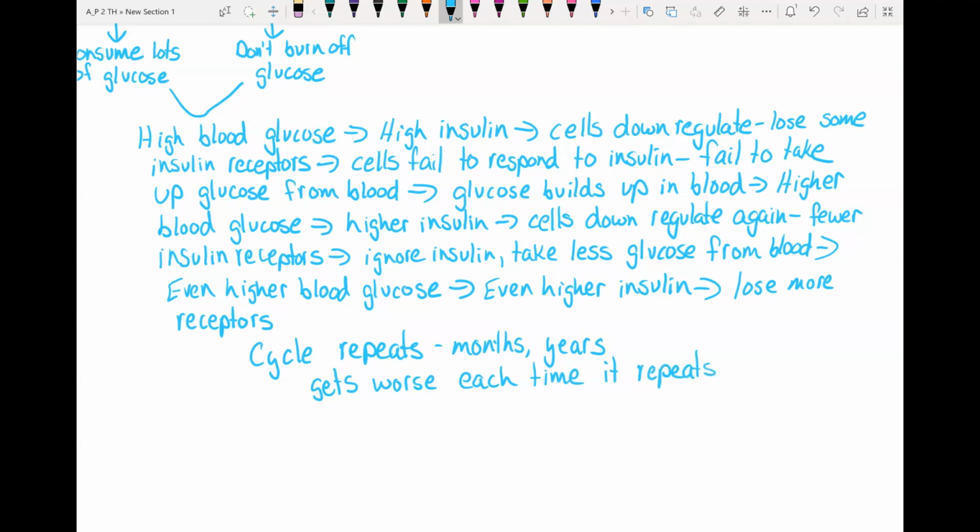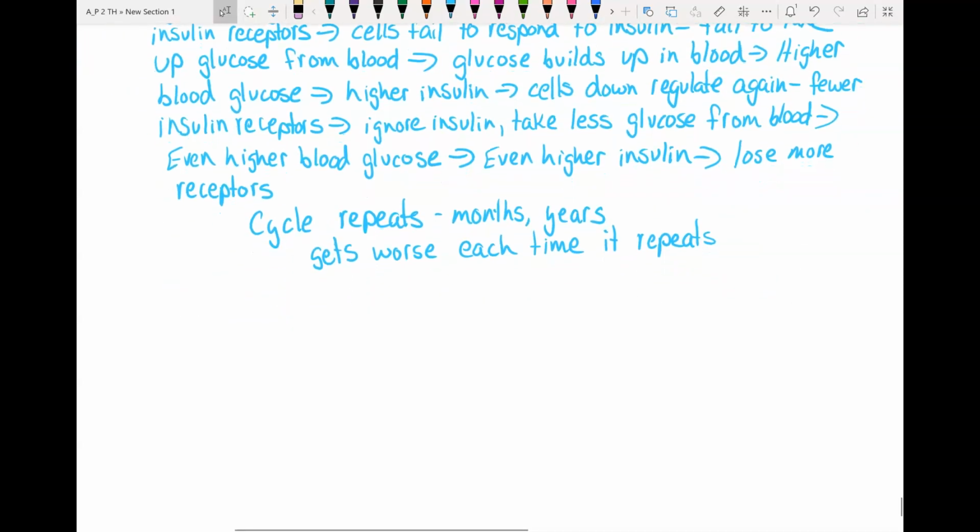So when you start off early in this cycle, you can take some oral medications. Some people can even resolve their type 2 diabetes with diet and exercise. The further you get into this cycle, the harder it is to treat. And you can actually get to the point where you become insulin dependent, because you will work your pancreas to death.